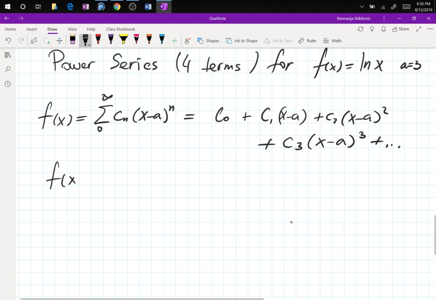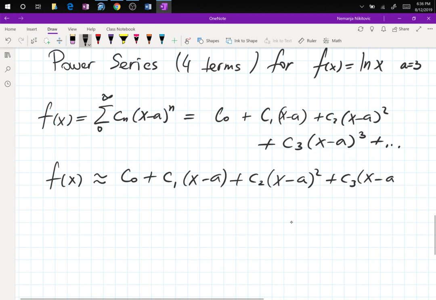Now, for f of x to be approximated by the power series, we're only going to use the first four terms, sorry. So we have these guys. No dot dot dot this time because we are using exactly four terms and that's it.